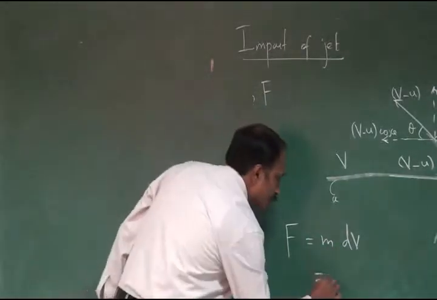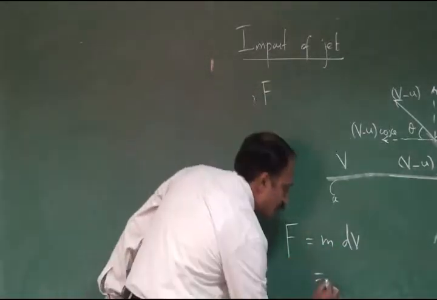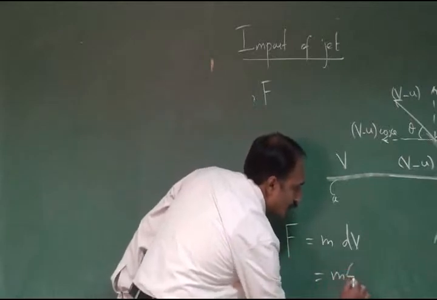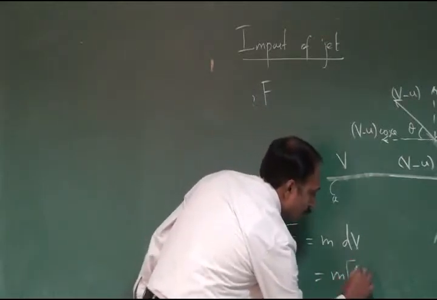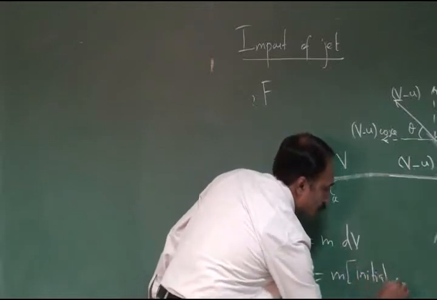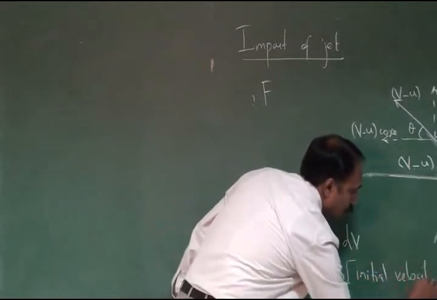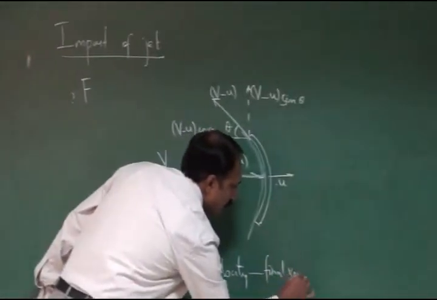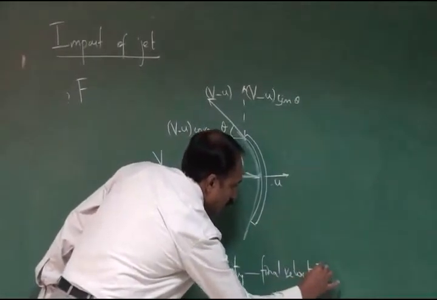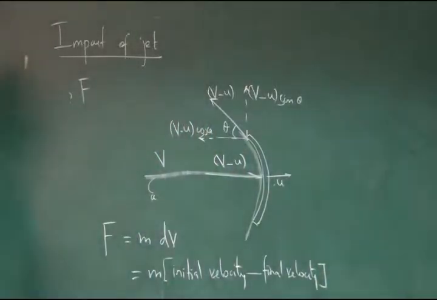For this, mass into initial velocity minus final velocity along the direction of the jet.